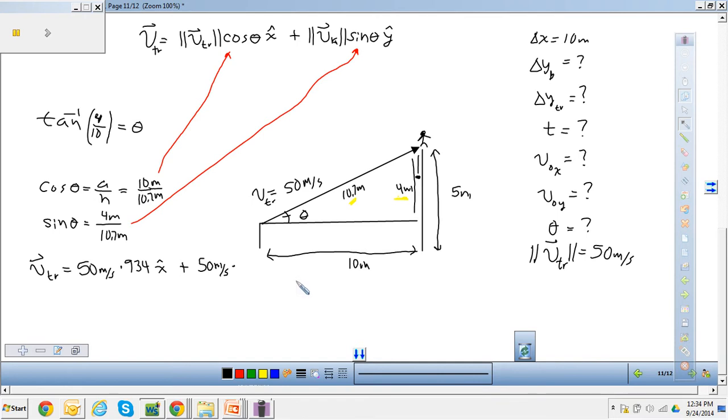Anybody? I'm sorry? I'll buy that. That's a multiplication symbol. And that's a decimal.